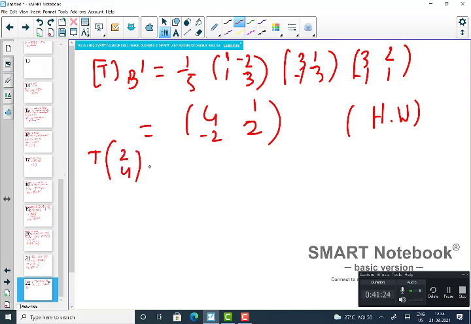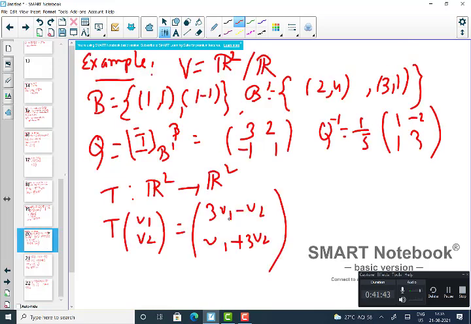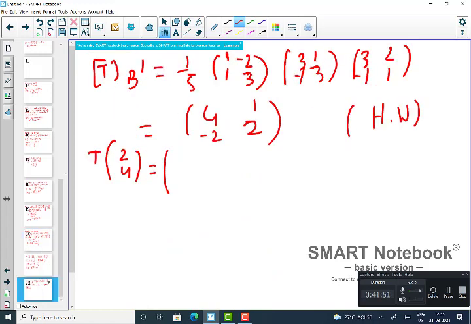So (2, 4) was what? 3 times 2 means 6, minus 4, what was the map? Let me see. Yes, so if you put 2, 6 minus 4 is 2. So this is 2. And then 3 into 4 is 12, plus 2, 14, right?